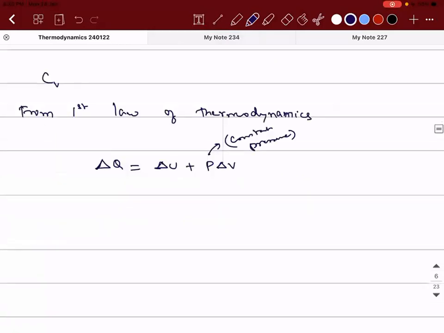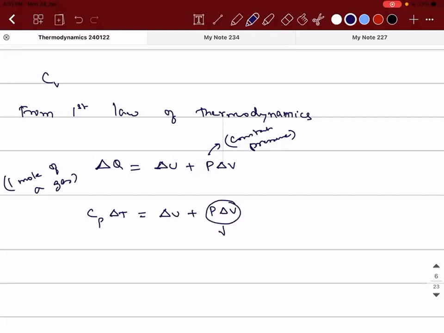So delta Q is equal to delta U plus P delta V, but delta Q, can I write it as Cp into delta T? When 1 mole of a gas is considered, delta Q is equal to Cp into delta T, which is also equal to delta U plus P delta V.